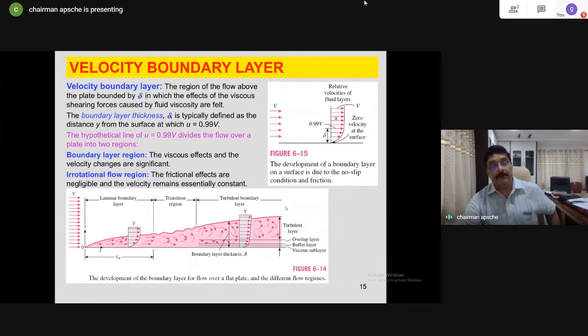So therefore, the dominant forces try to exhibit again, the inertial forces, and inertial forces slowly start off, whether it is laminar or turbulent.